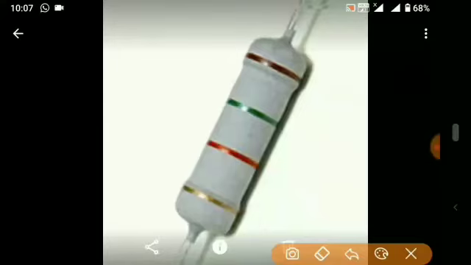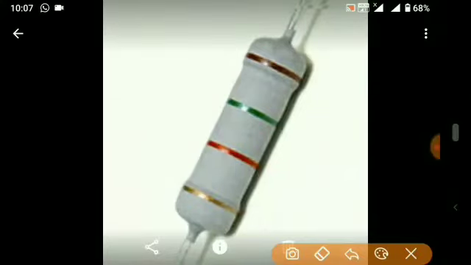Now students, let us take one more example for this color code of carbon resistor so that you can understand it properly. Here the first band is of brown color, and brown represents number 1. The second band is of green color and it represents 5.